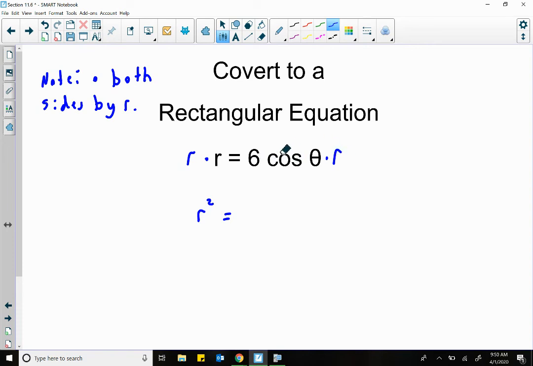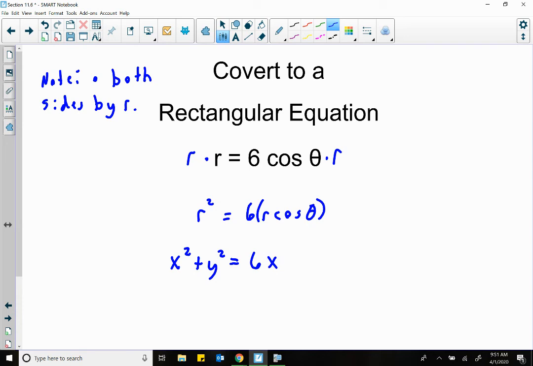If I multiply this side by r, the 6 cosine theta, I get 6 r cosine theta. And I know what r cosine theta is. So if we substitute in our rectangular pieces, r squared is really just equal to x squared plus y squared, equal to, we know what r cosine theta is.